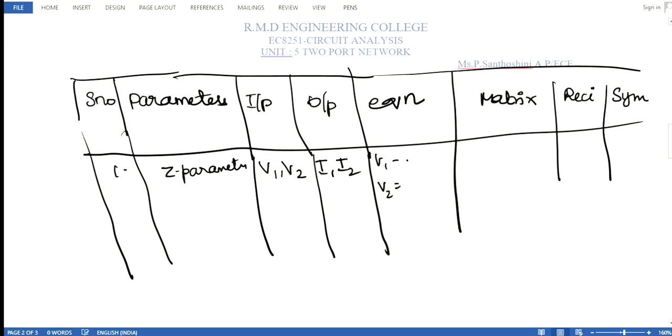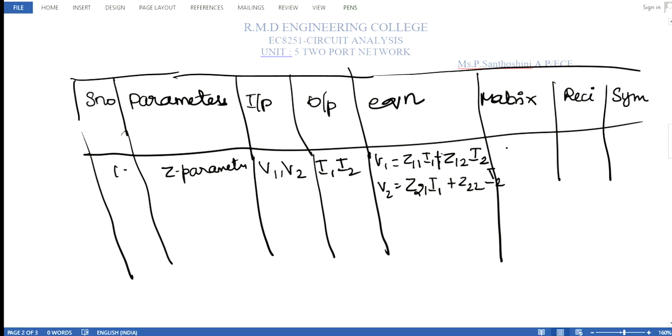V2 will be equal to Z21 I1 plus Z22 I2. So this is the equation.